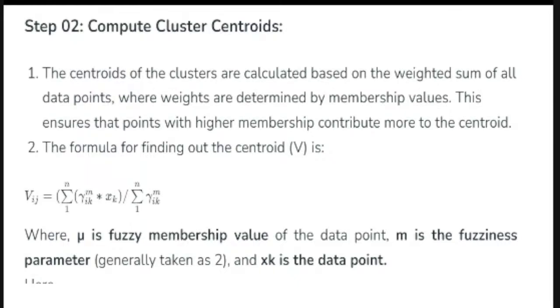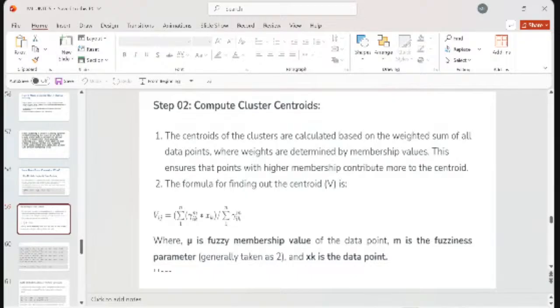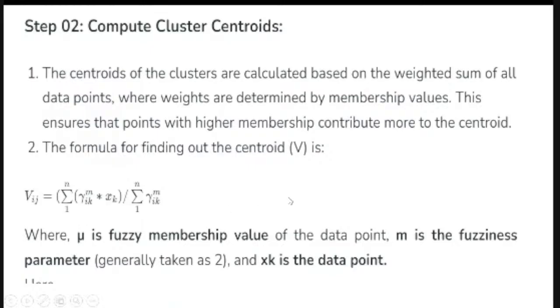Now, write down the formula. Vij equal to sigma n, 1, bracket, gamma, you can take anything, gamma power m, I, k, gamma finished, into xk, bracket closed, divided by sigma n, 1, gamma m, I, k.